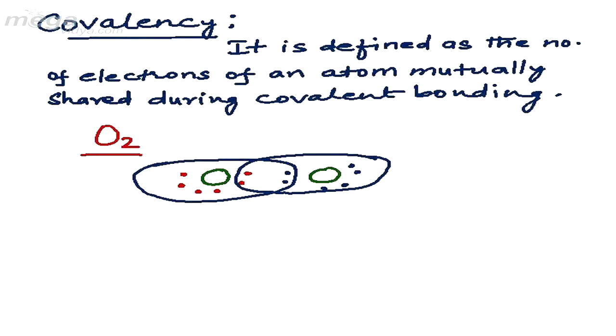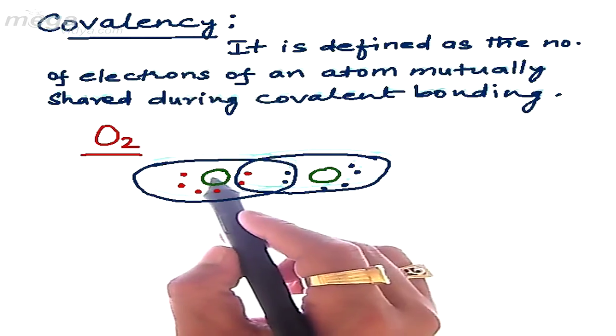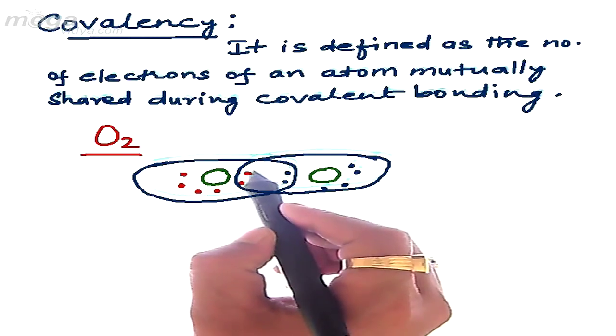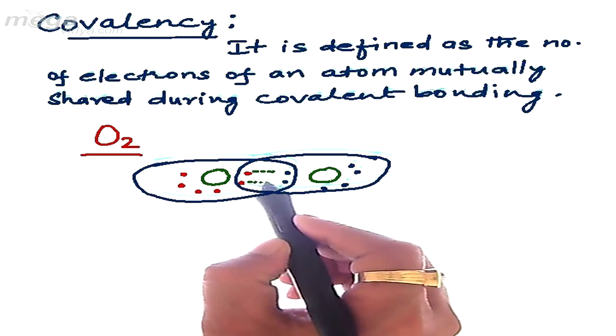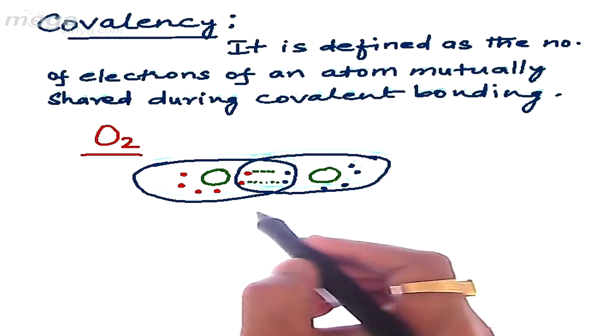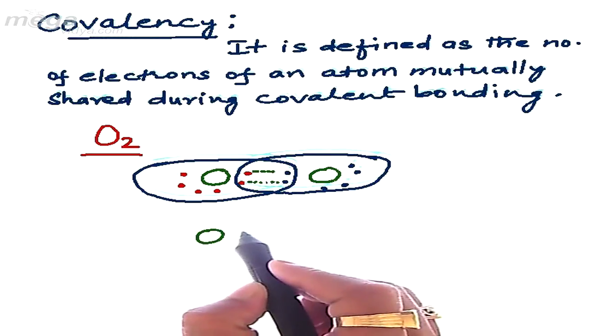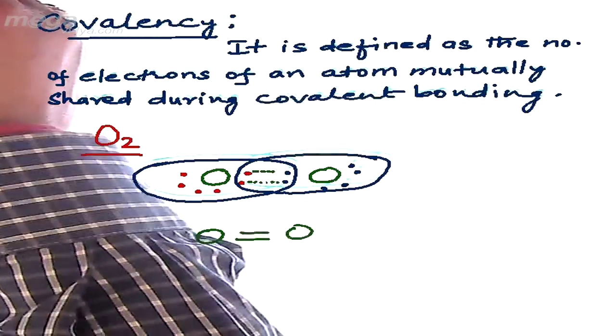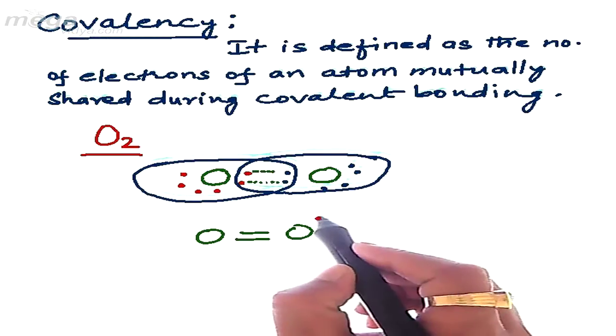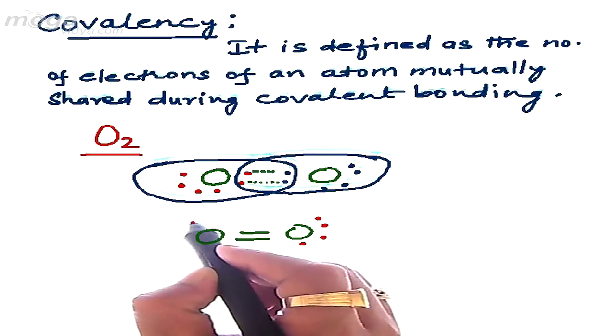So the two oxygen atoms are undergoing mutual sharing of 2 electrons. The same can be represented as O double bond O, and 4 electrons of both the oxygen atoms are not participating in the bonding.